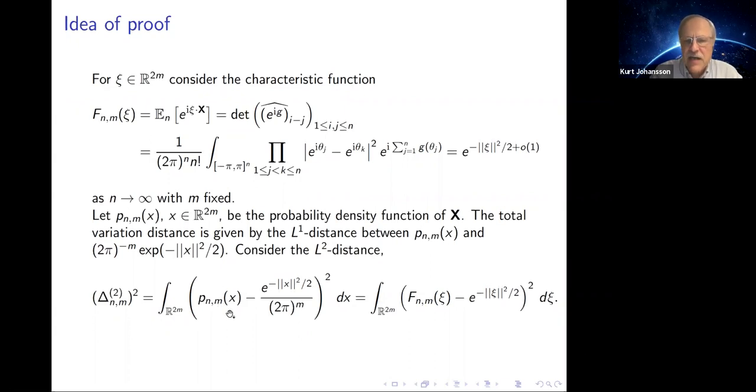And then, by Parseval's identity, this is equal to the difference between the Fourier transforms squared. So the right-hand side is what we have to analyze in order to understand the L2 distance.